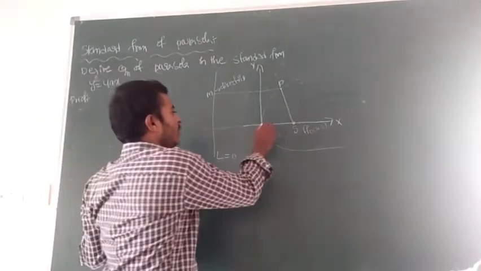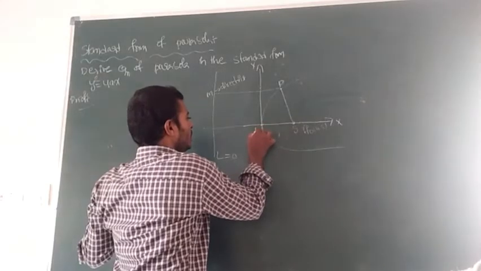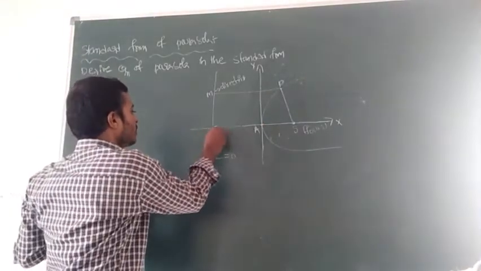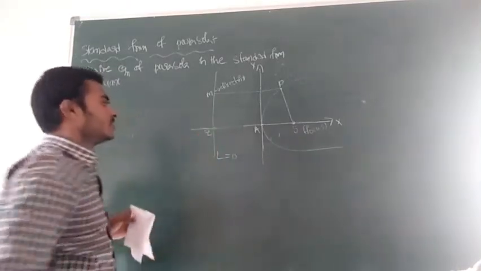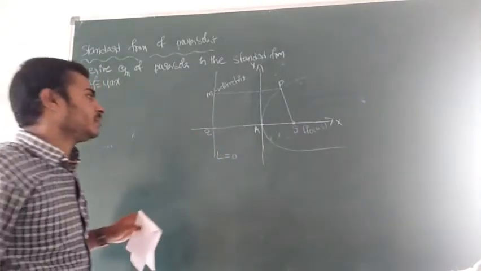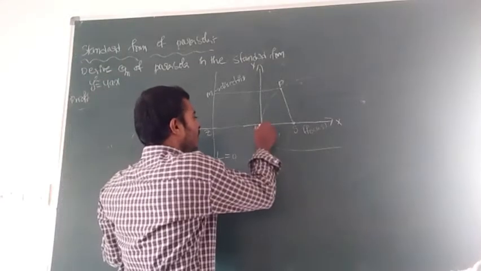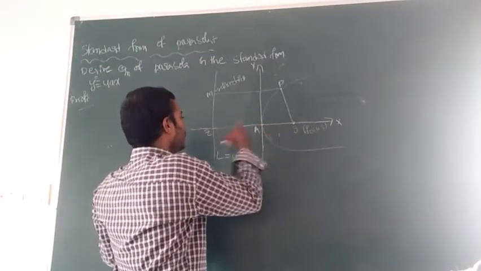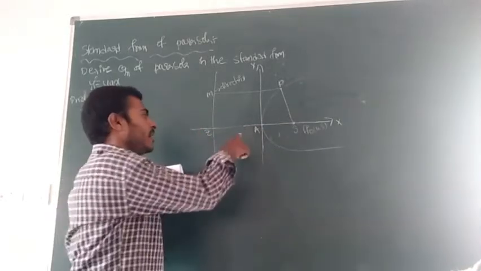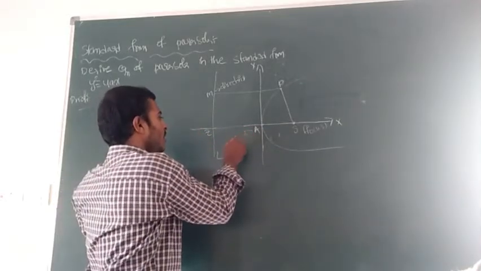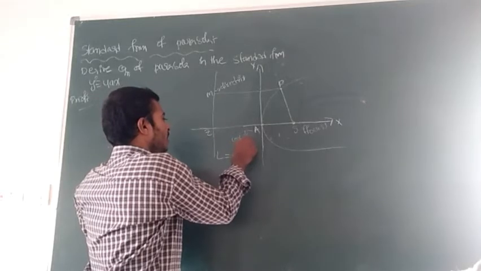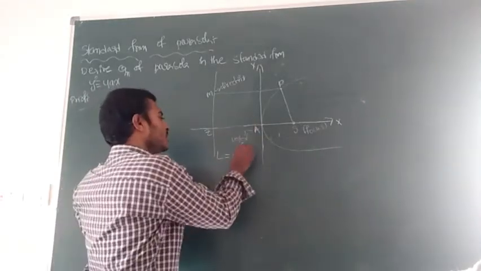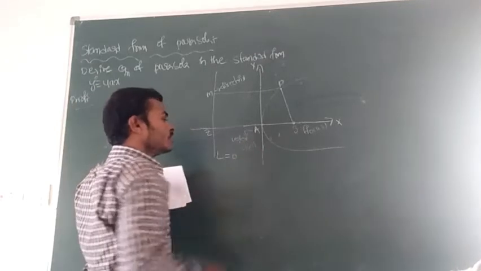Now here is a point A, and this is also a point Z. A is the midpoint between S and Z. What is A called? A is the vertex, and this is the origin, that is (0, 0).